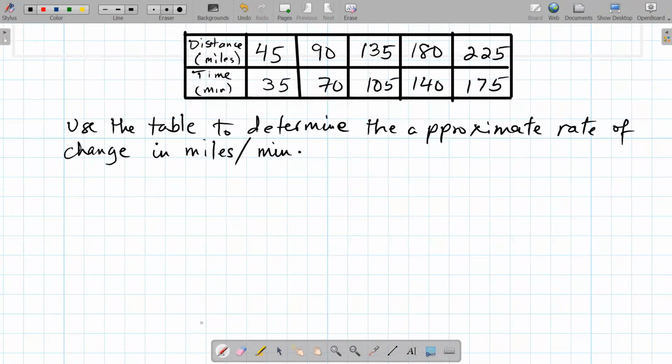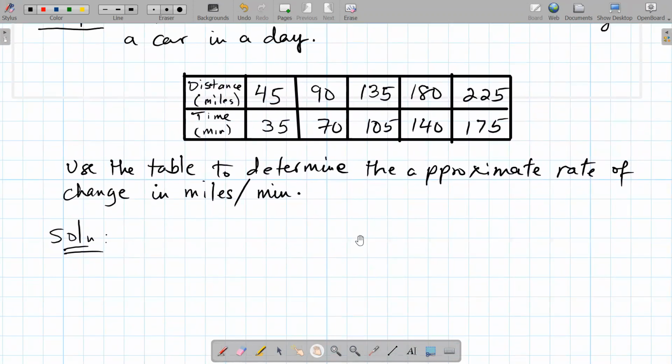Let's look at how to go about this situation. Now, from the table, you can see something clearly here. We see that for every 35 minutes drive, there's an increase of 45 miles that the vehicle adds on its mileage, if you will. So let me put it this way.